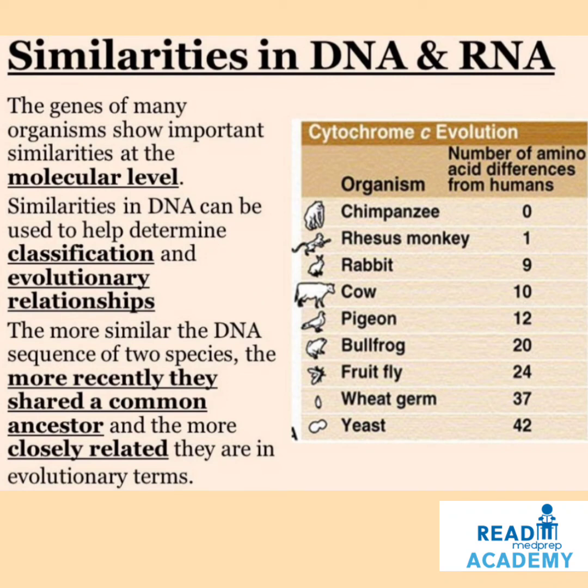In the right side table you can see the cytochrome C evolution, the organism and the number of amino acid differences from humans. Chimpanzee 0, rhesus monkey 1, rabbit 9, cow 10, pigeon 12, bullfrog 20, fruit fly 24, wheat germ 37, yeast 42. So this is how the evolution of cytochrome C occurred.